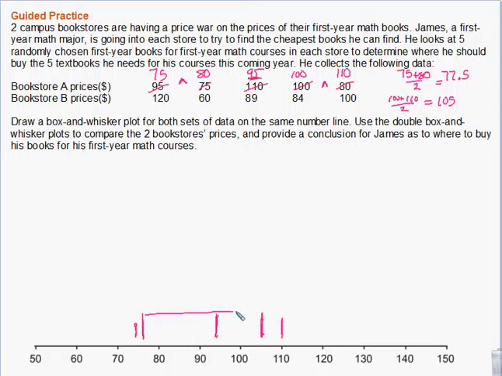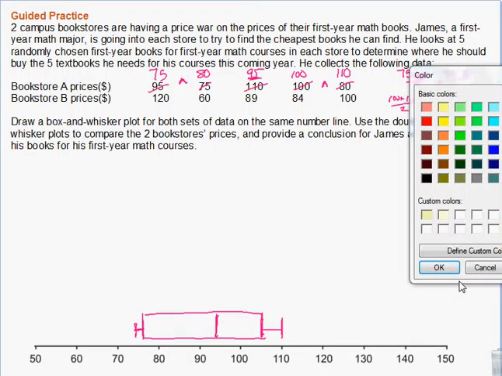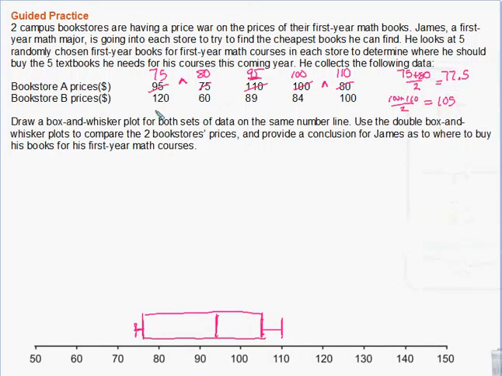Very short whiskers on this box, which tells me that the data is really close to the center. Then, what do we think goes really well with pink? Purple. Okay. So I have a 60, 84, 89, 100, 120. There's my median.